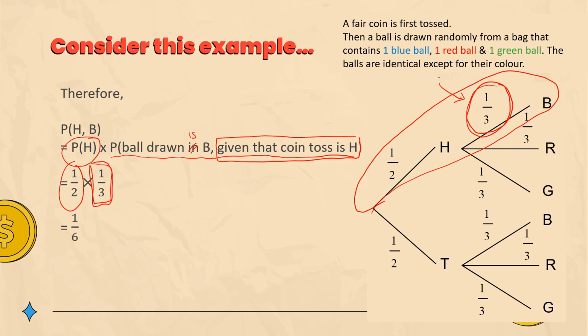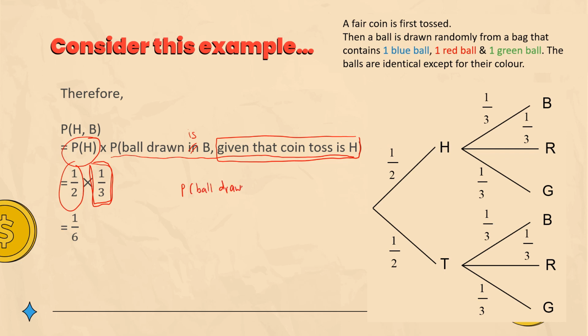To help you reinforce the idea, what if I want to find out the probability of the ball drawn, pardon me for my bad handwriting, is green, given that coin toss is tails?